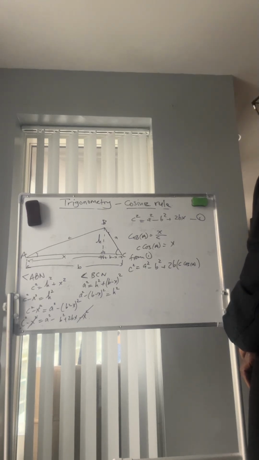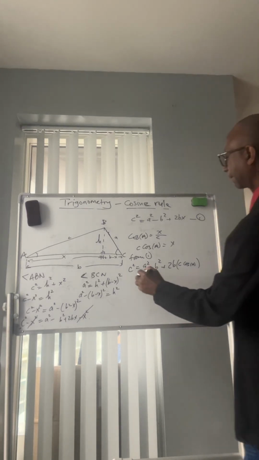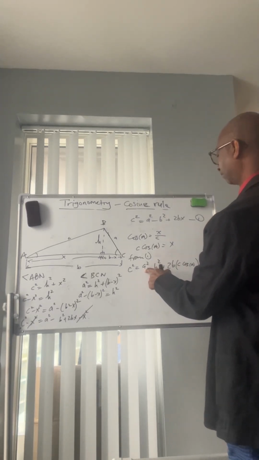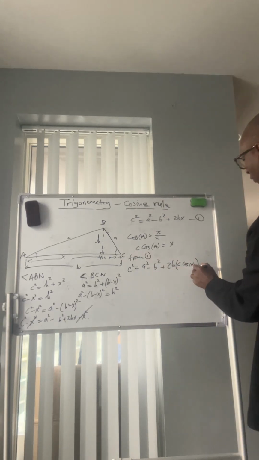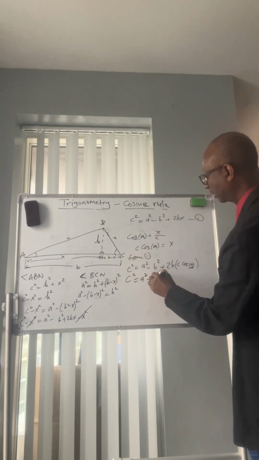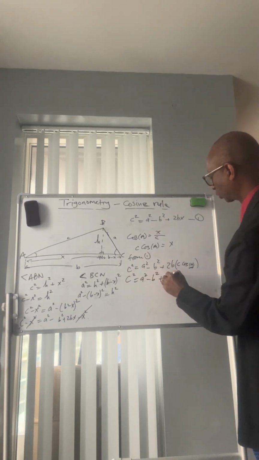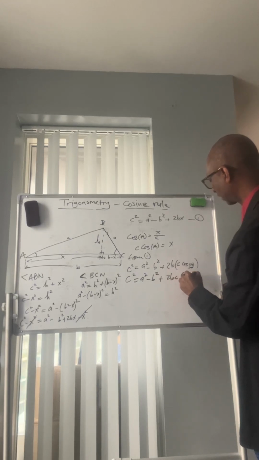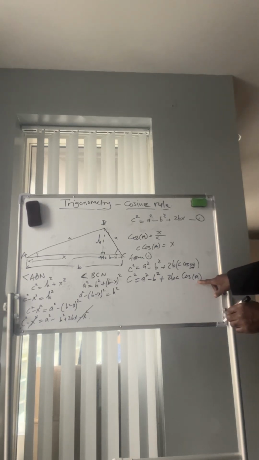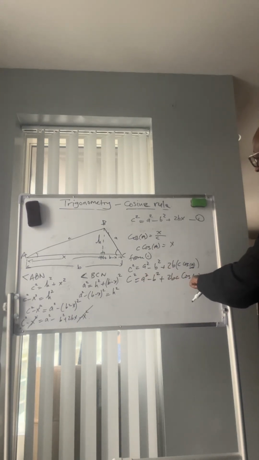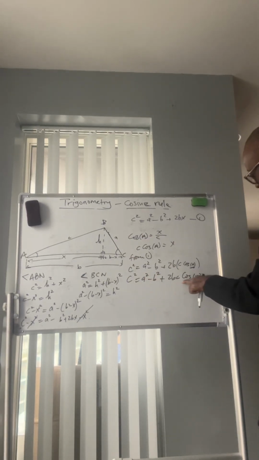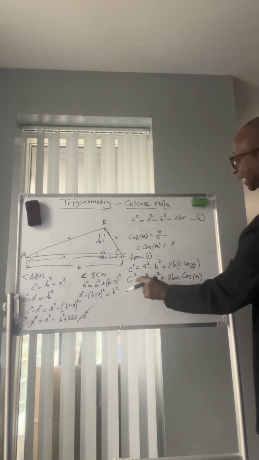Because we have cos A here, let me write this properly. So you now have c squared equals a squared minus b squared plus 2bc cosine of A. Because we have cosine of A here, we want the letter on the left hand side to be the side A. Instead of c here, we want A to be here.